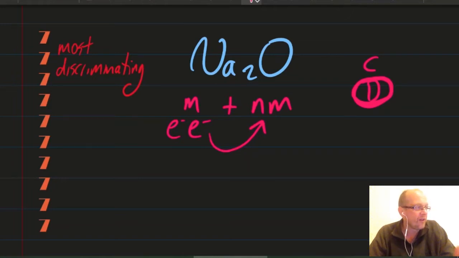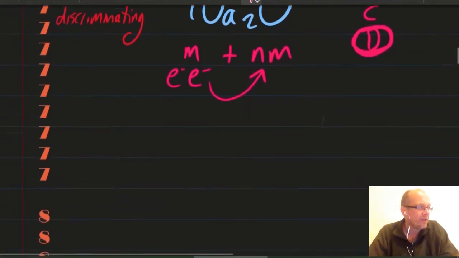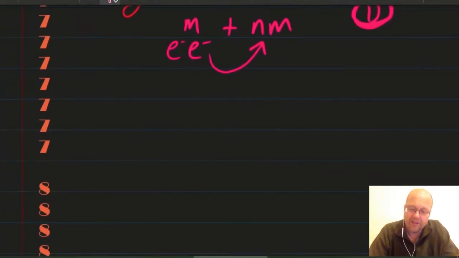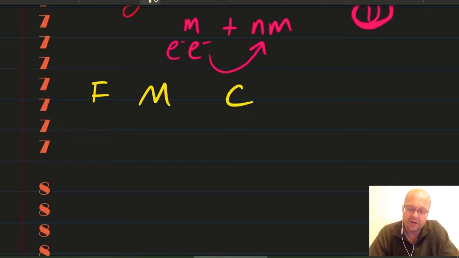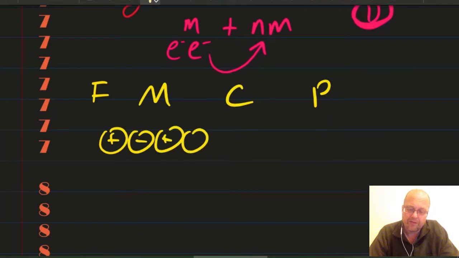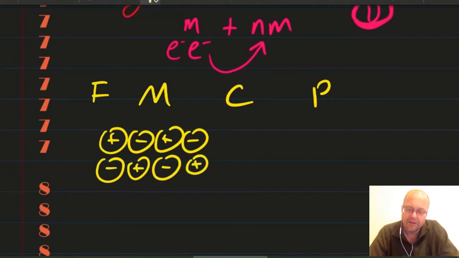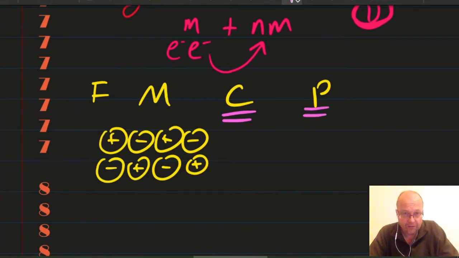Let's just look at the conductivity, the middle column there. So for anything to conduct electricity, you need freely moving charged particles. Now, sodium oxide's ionic, and ionic crystals are solid. Although they have ions, they do have charged particles, they're not freely moving.